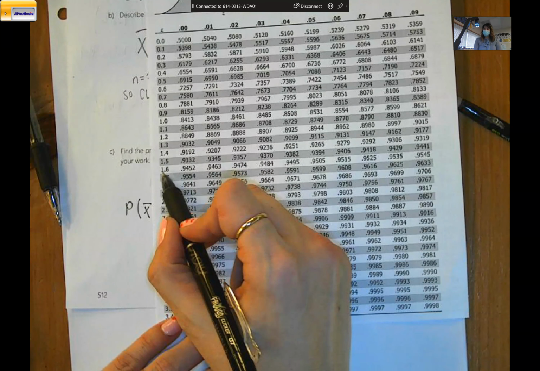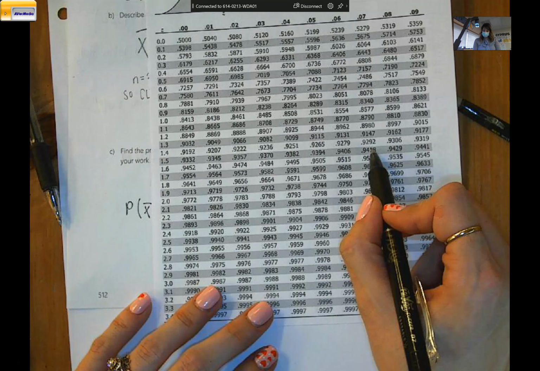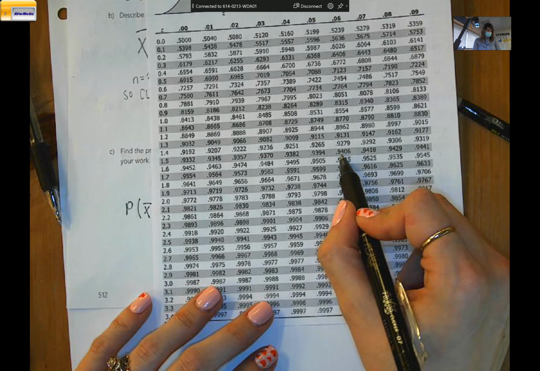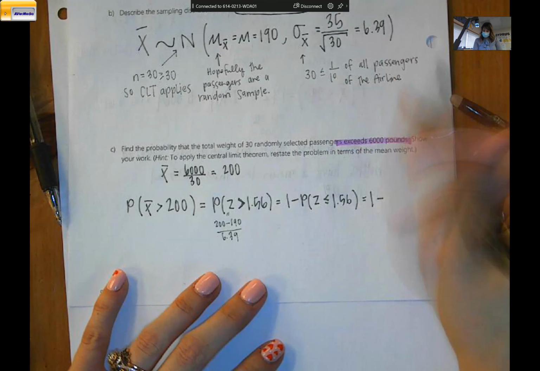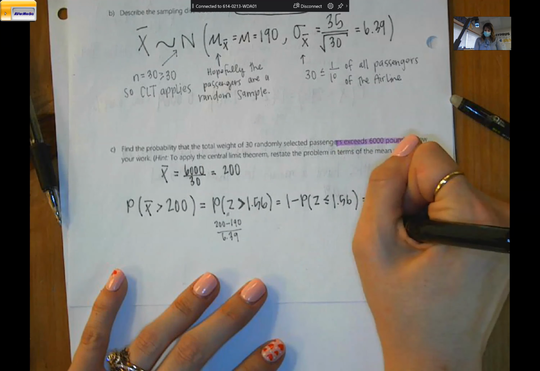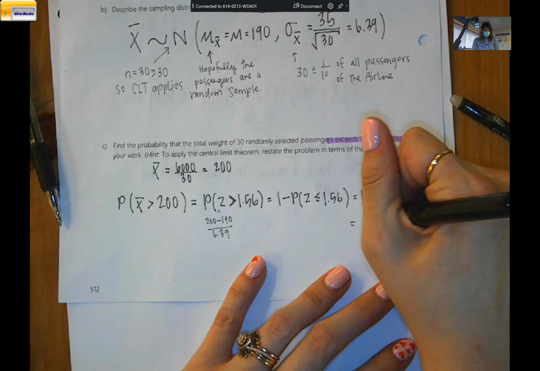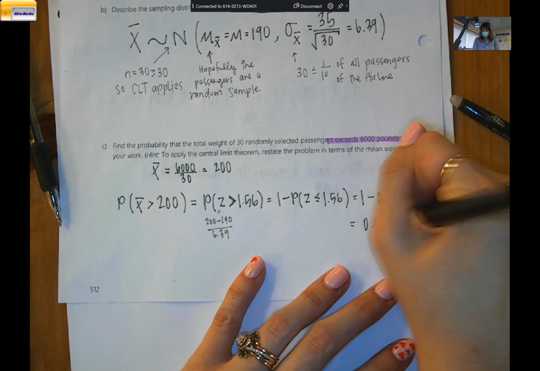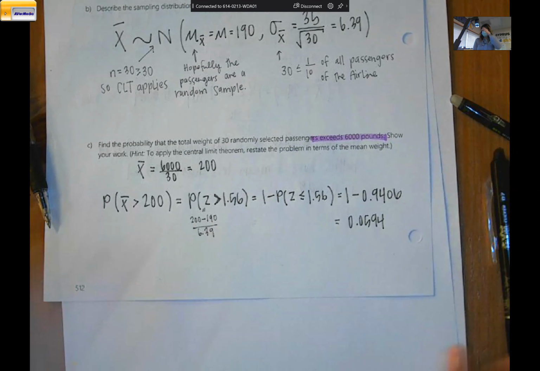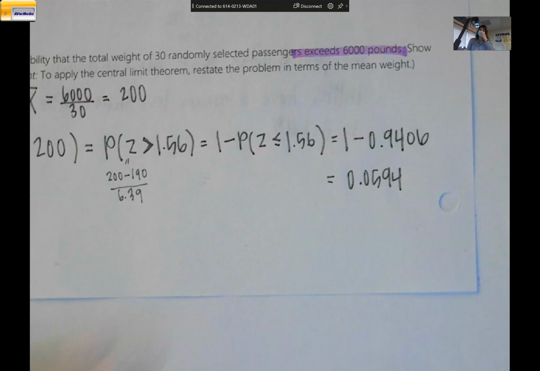So I go to 1.5 on the positive side, slide over to 6, and I get .9406. So the probability is about 6%, 0.0594.